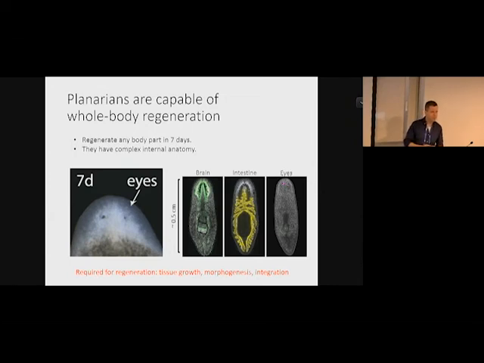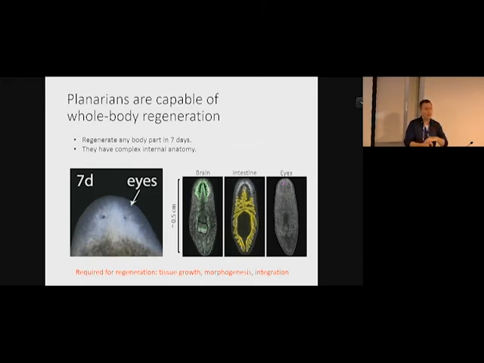What's the minimum mass, minimum cell amount that could be regenerated? It's a very small amount, roughly 10,000 cells, but it's not about the number of cells. It's about the thickness of the tissue. In order to regenerate, the animals have to be able to form morphogen gradients of Wnt and Wnt inhibitors from one end of the axis to the other end.